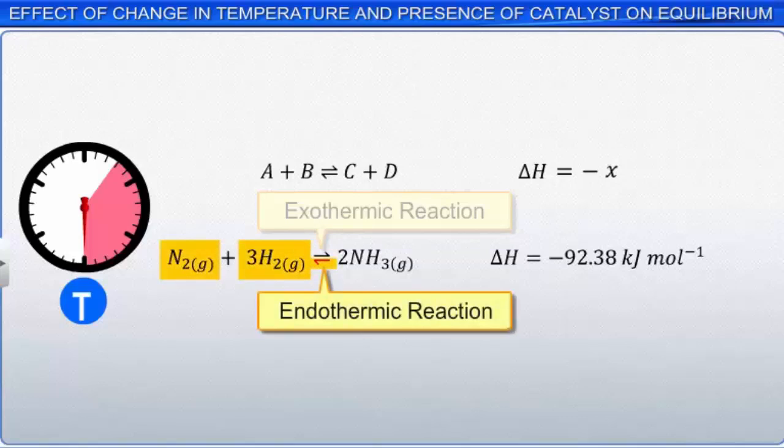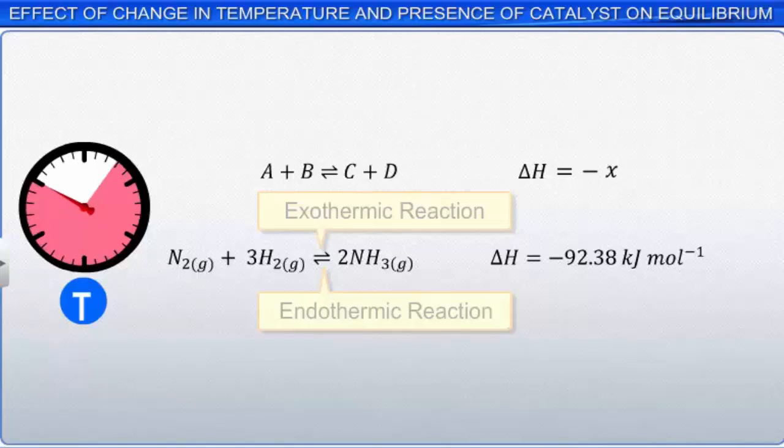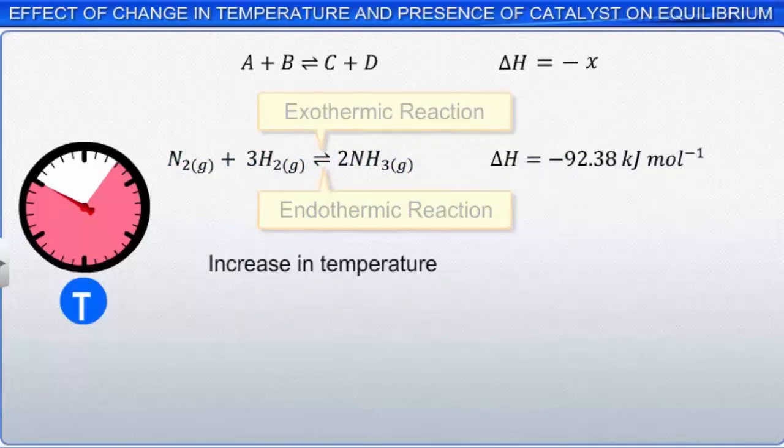According to Le Chatelier's principle, raising the temperature shifts the equilibrium in the direction in which the heat is absorbed. It implies that the endothermic reaction is favored. So, ammonia absorbs the heat to dissociate into nitrogen and hydrogen. Hence, on increasing the temperature, the rate of backward reaction increases, or the rate constant for backward reaction, Kb, increases.